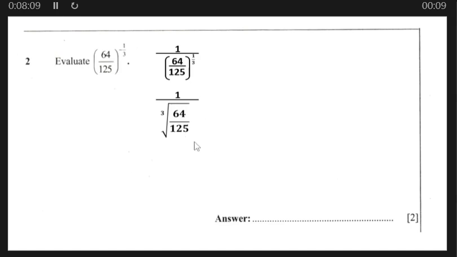Right, so we'll write this one as 1 over, the cube root of 64 will be 4, then the cube root of 125 will be 5.